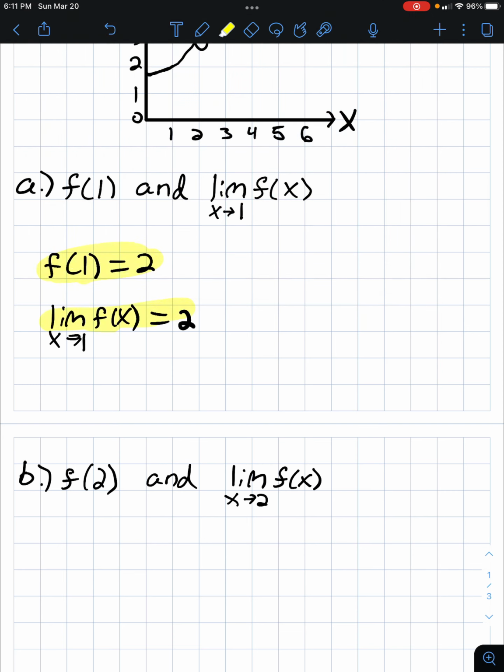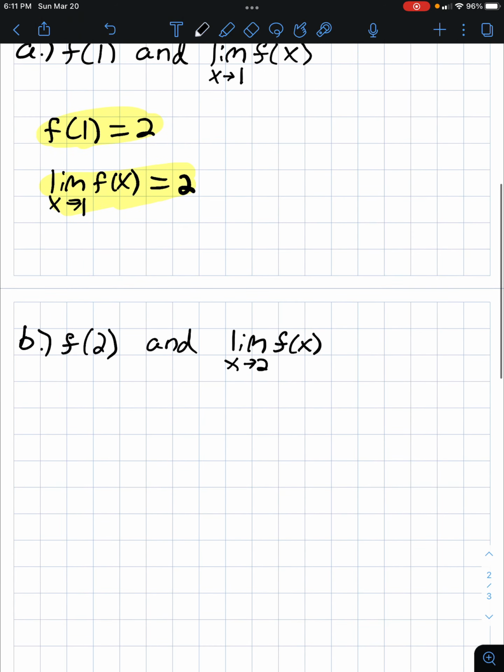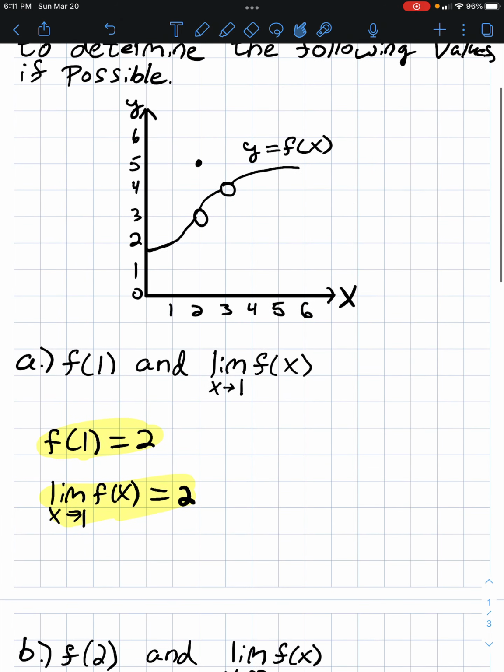Now, part B, what is f of 2 equal to? Well, let's see. F of 2, so x is equal to 2. Right here we go up. Oh no, there's an open circle. Does this mean that it's 3 here?